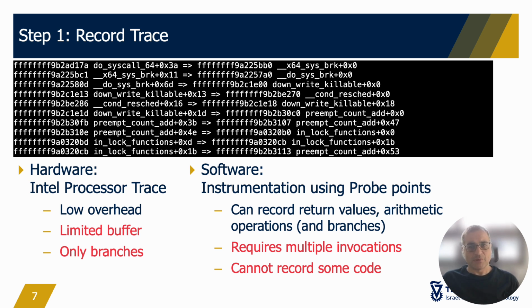While software tracing provides richer information, it requires reinvoking the failure multiple times. First to confirm reproduction, then to identify executing functions, and finally to set probe points in these functions. This causes significant overheads. These approaches are complementary. Hardware tracing is more suitable for production systems, while software tracing is better for development.